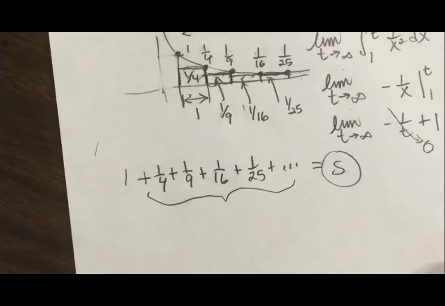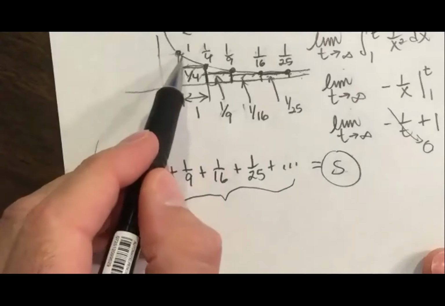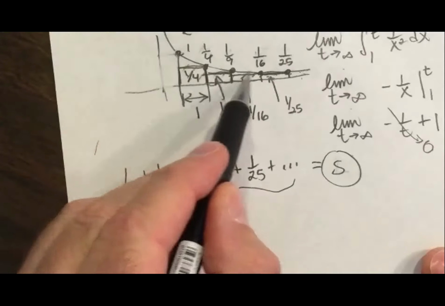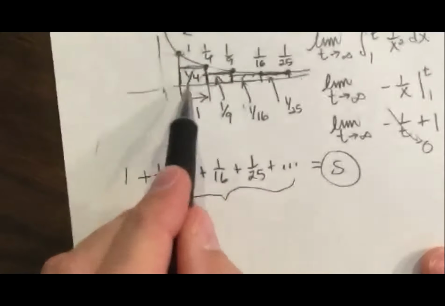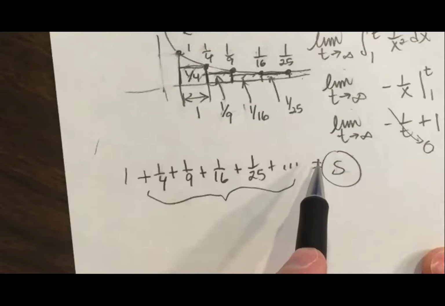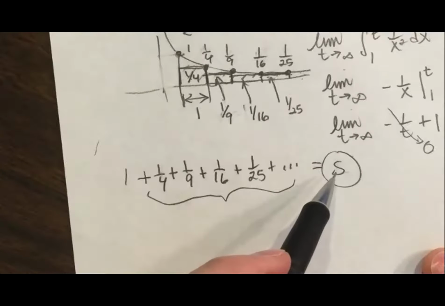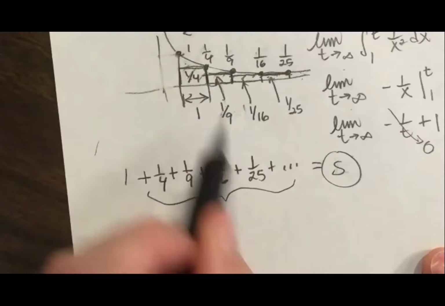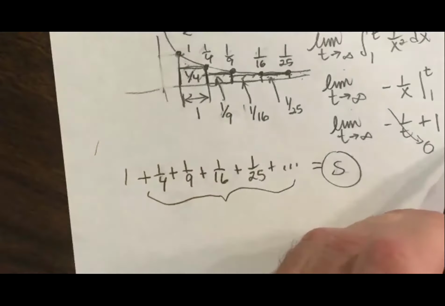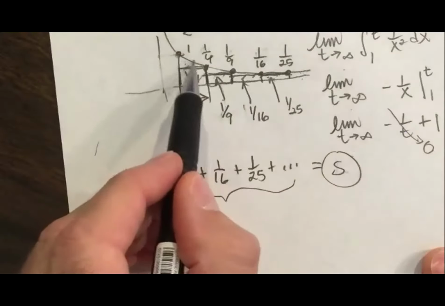What does that mean? It means if this integral, if this area goes to a number, then this sequence has to converge. Now, I don't know what it converges to because I don't know how much area is left over. I know it's going to add up to a number smaller than 1 because this area is 1.